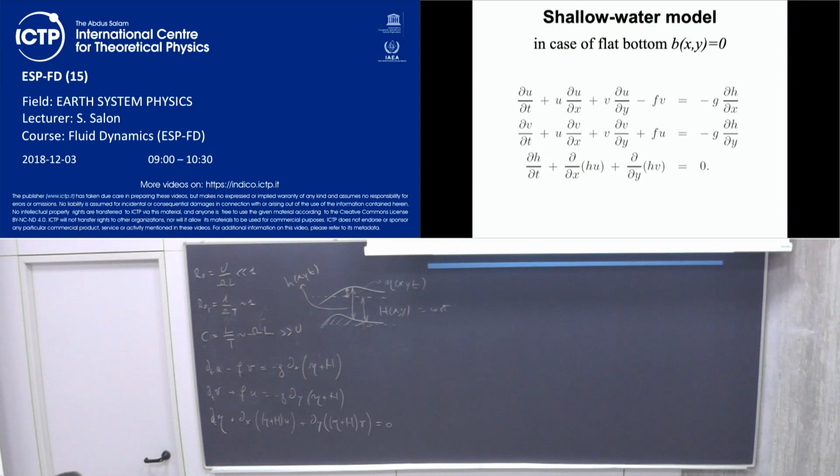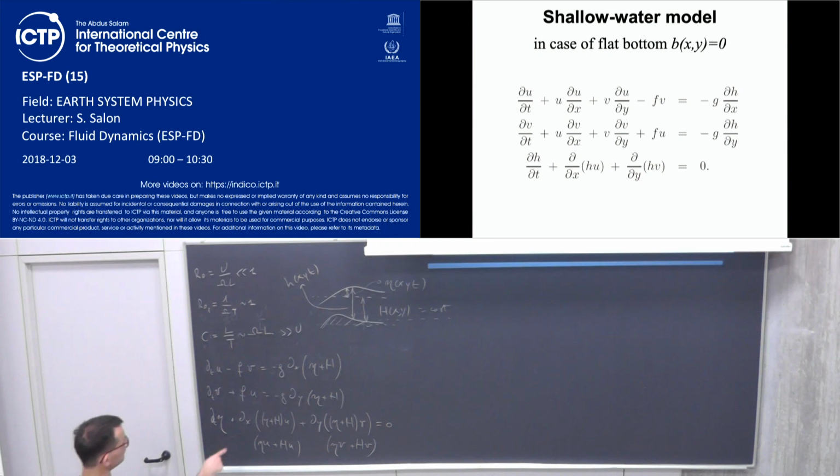So consider this hypothesis, considering the flat bottom, and look what happened to this term here. So here we will have dx, and this can be eta u plus capital H u, and this can be eta v plus capital H v.